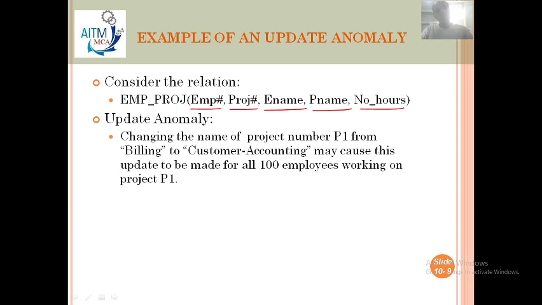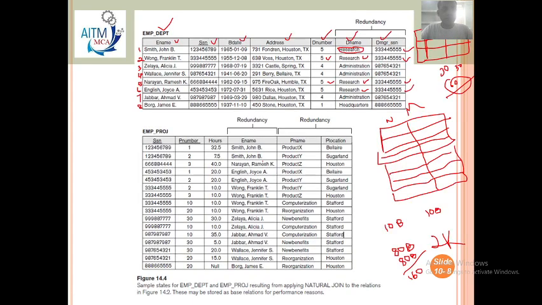Changing the name of the project number here, because this is having the project number. Where is that project number? If you want to change the project from billing to customer accounting, what do I want to do? Here project number is there, no?